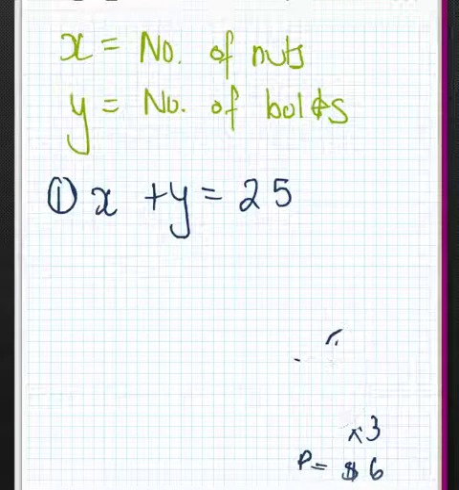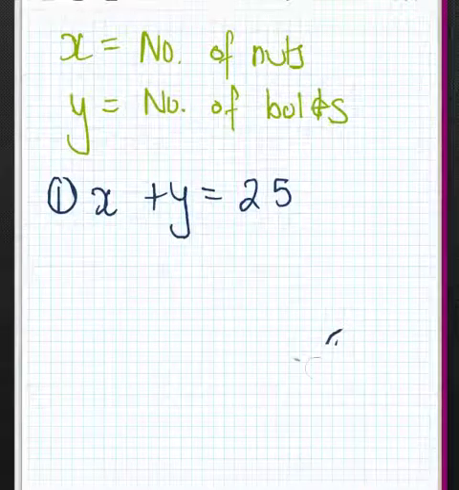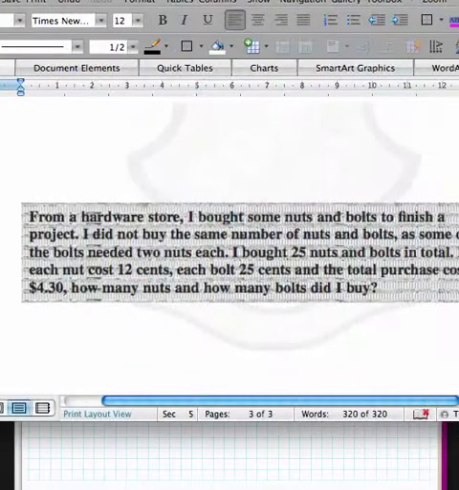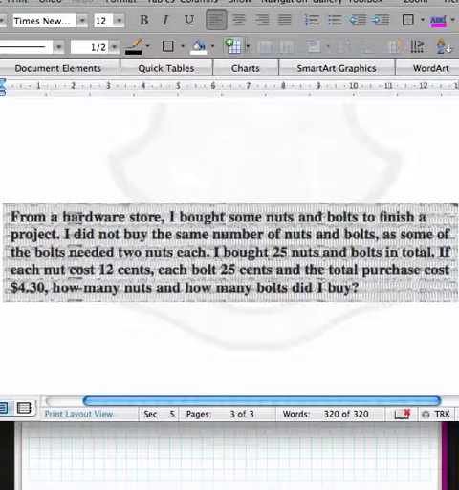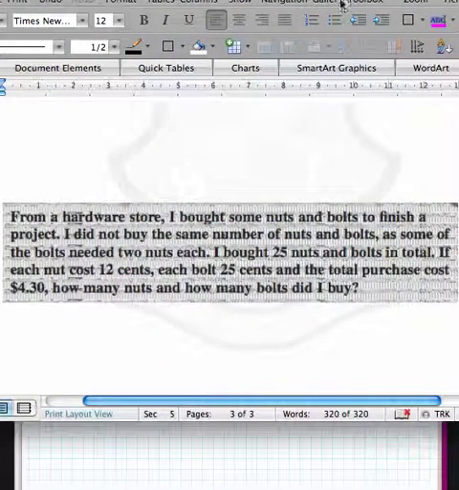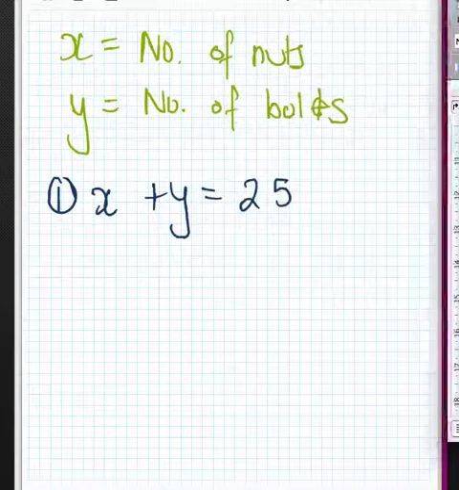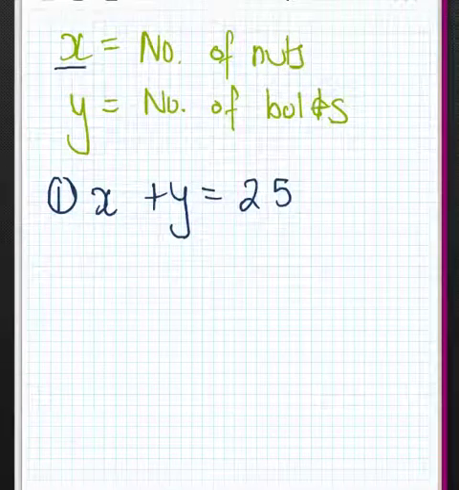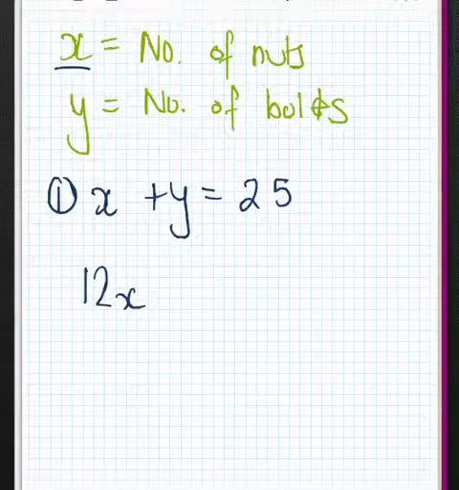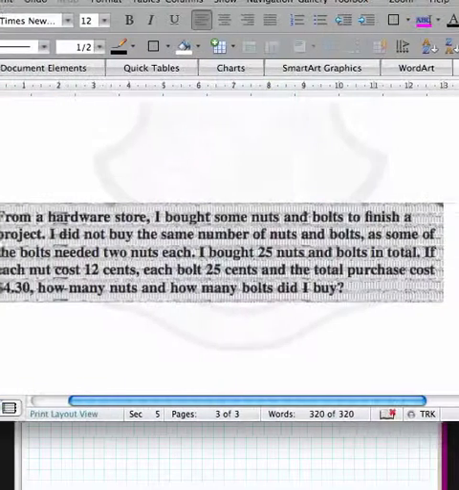So I'll just rub this off. Let's go back to our problem. If each nut costs, what's the value? 12 cents. Now, I don't know how many nuts they've bought, but each one costs 12 cents. I know nuts is represented by x, so I'll have 12x, 12 times the number of nuts I buy.